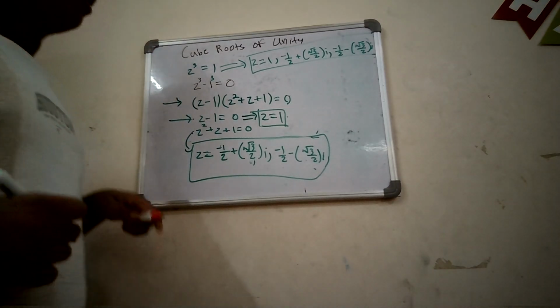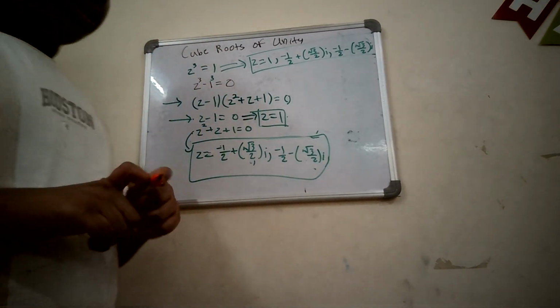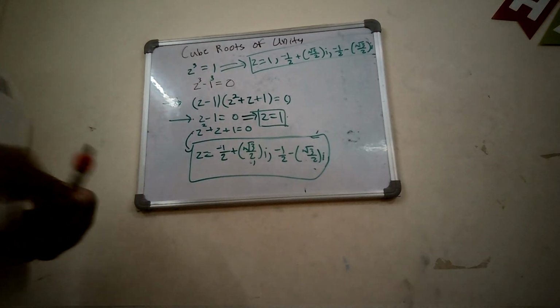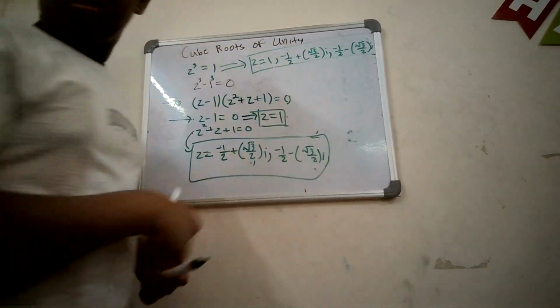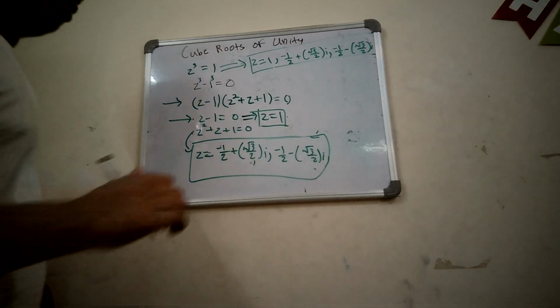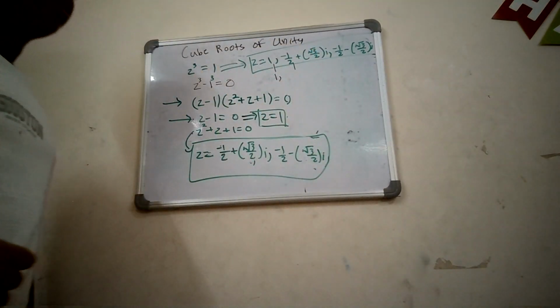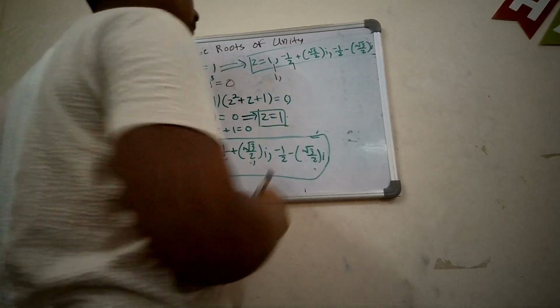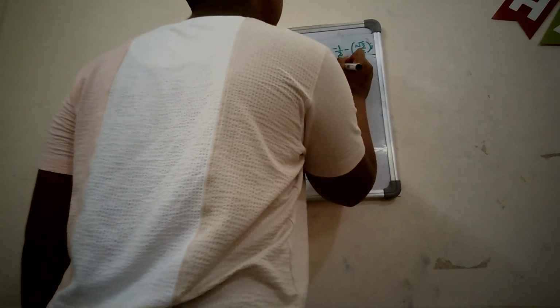You might be thinking, why are they called the cube roots of unity? But this is something I want to show, that we can also rewrite this: this is 1, this is omega, and this is omega squared.